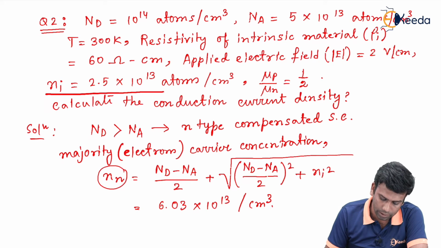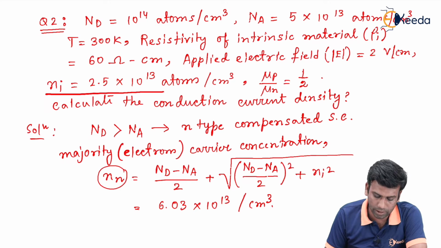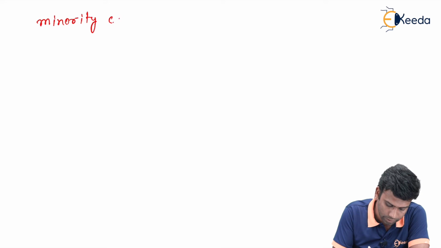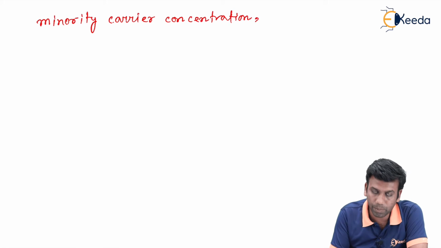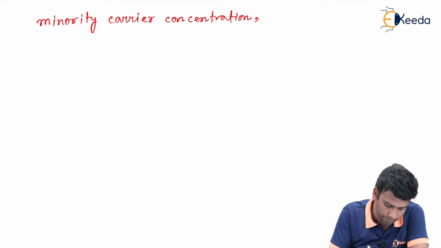Now let us calculate the minority carrier concentration, that is the hole concentration, using the mass action formula. The minority carrier concentration of this N-type compensated semiconductor will be p suffix n, which is given by the mass action formula, that is Ni square divided by Nn.